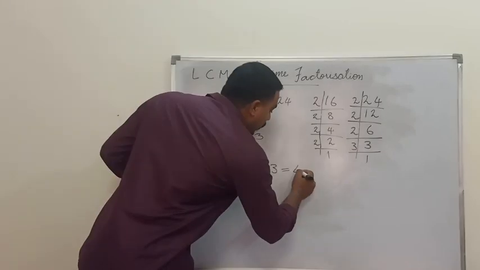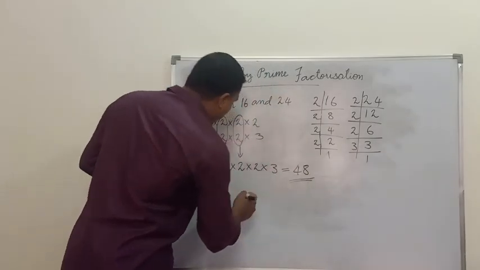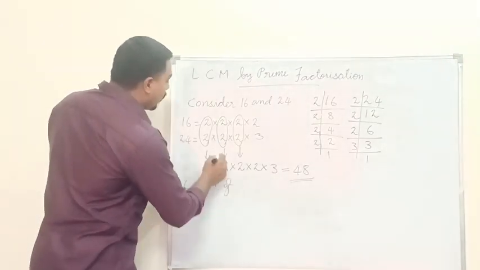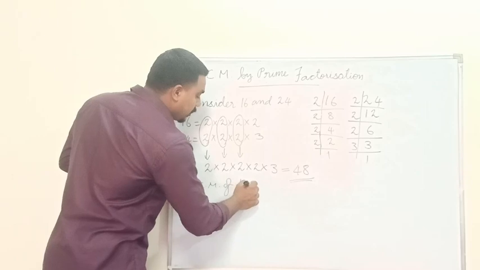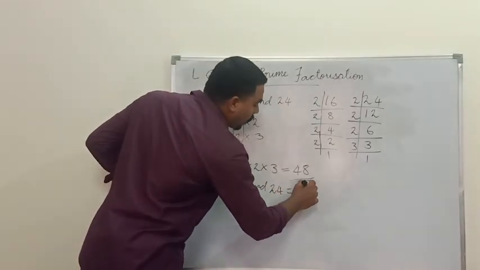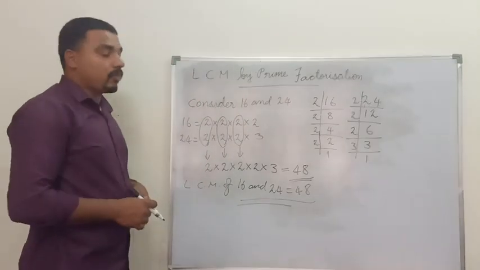Right? So we can say that the LCM of 16 and 24 is equal to 48.